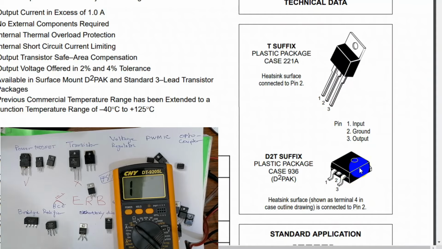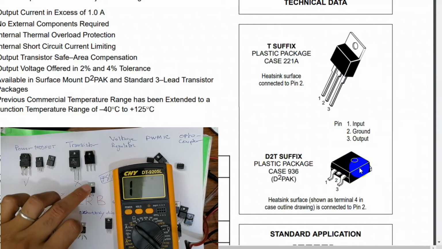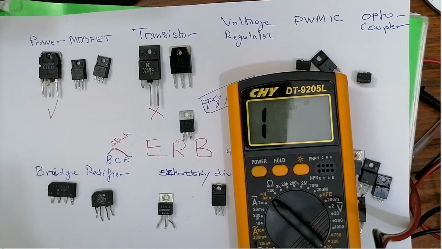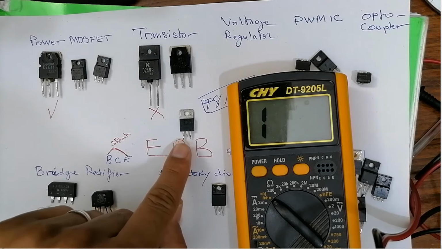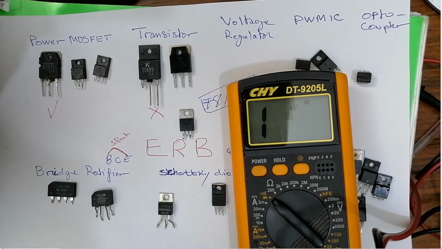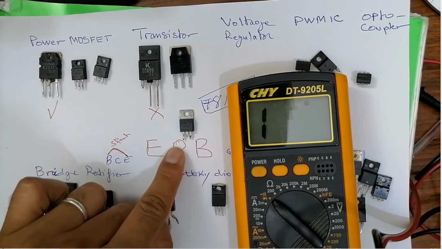So how can we test this kind of voltage regulator? Basically, to test a voltage regulator using the multimeter, you should connect it to the motherboard, or just give it the input voltage.